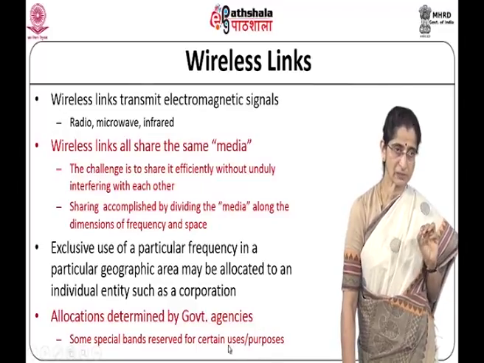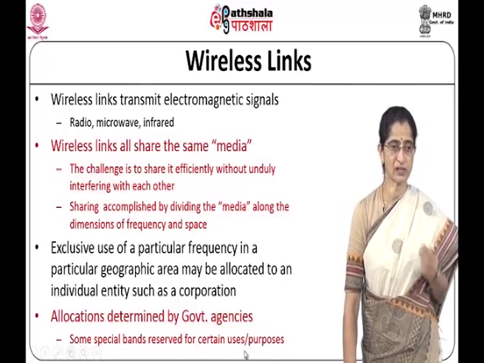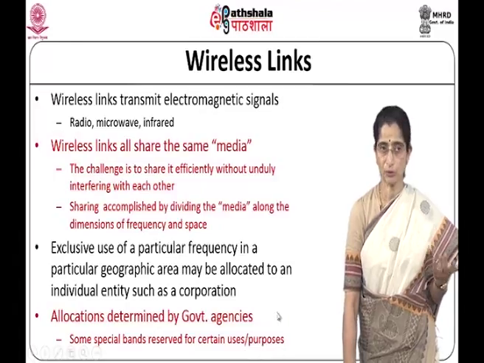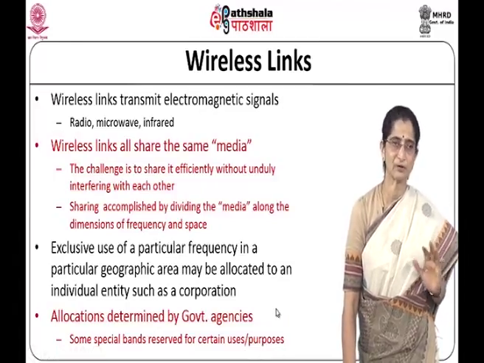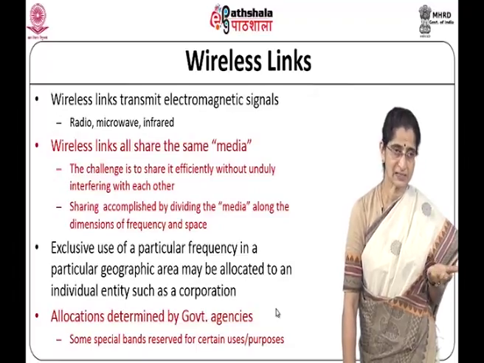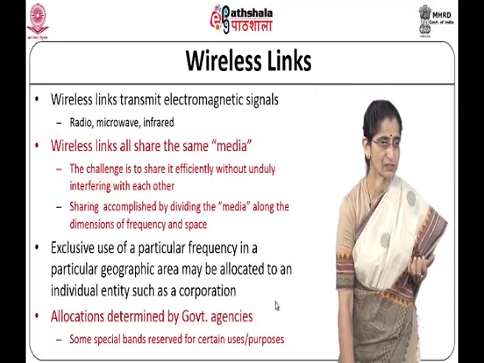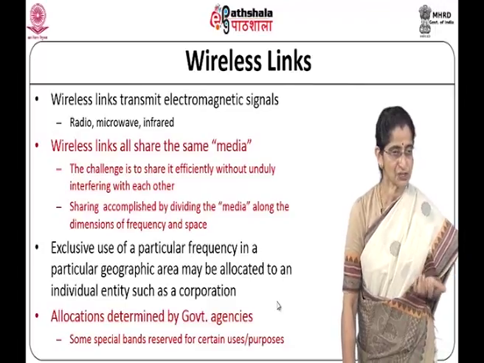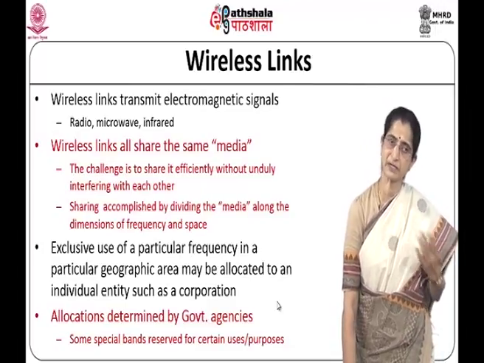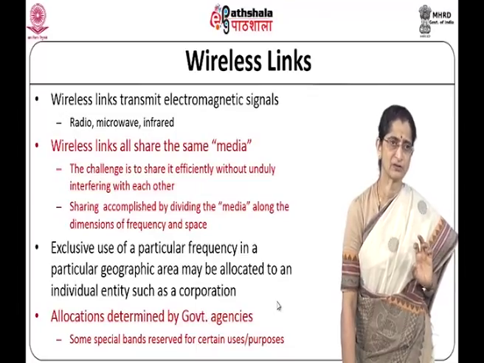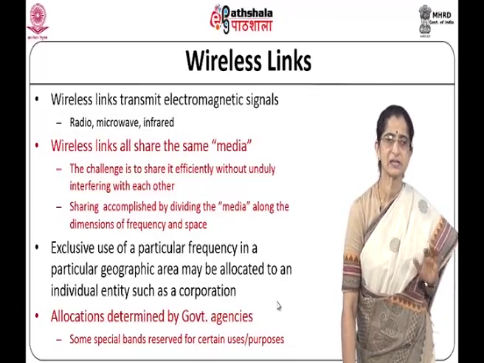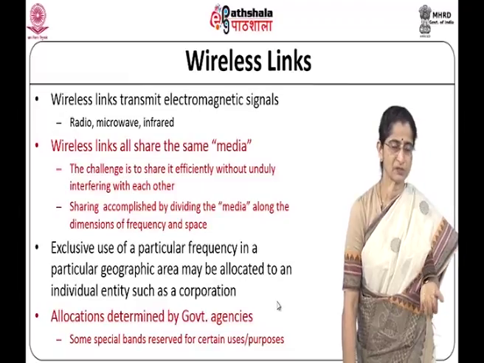For instance, some special bands are reserved for certain purposes or certain uses. So, you cannot use those for other purposes. So, we need to be aware of the different spectrum that is available and how the spectrum actually gets shared for different purposes by different users. That is just an overview of what we need to remember about wireless links, and we are familiar with most of these points that we just talked about.